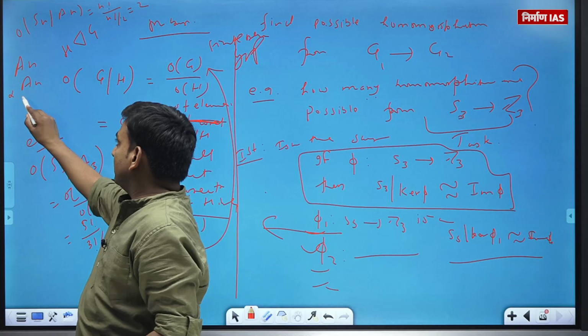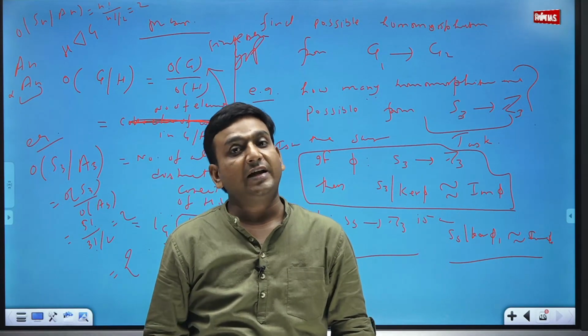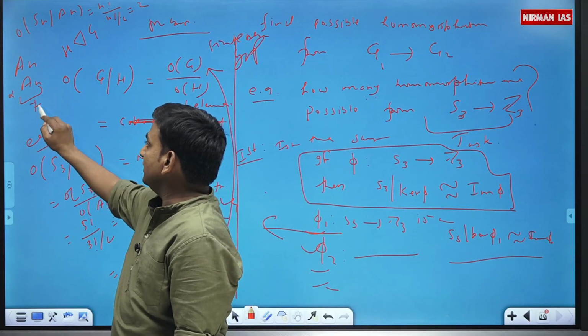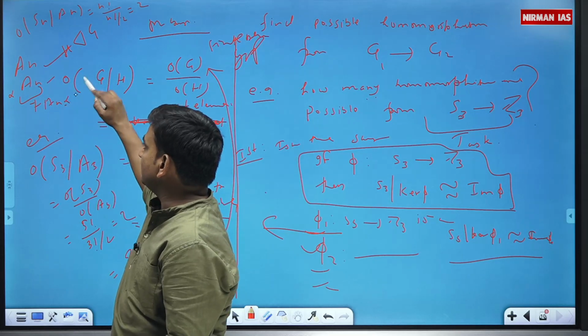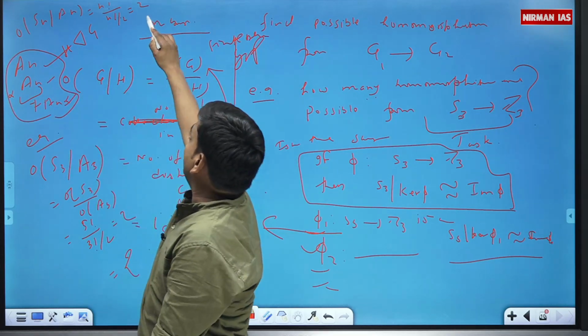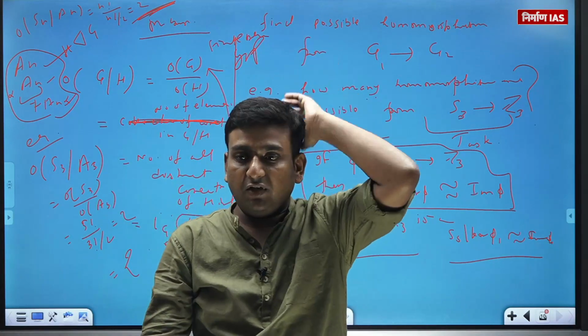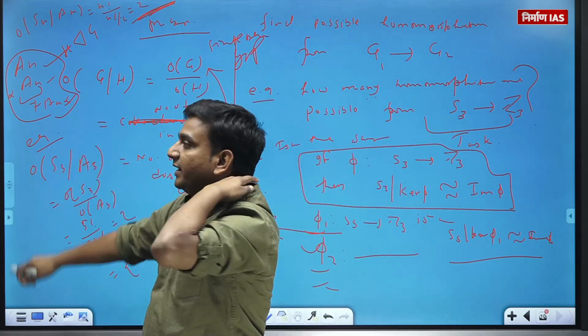That means the left coset of An in Sn will be the same as the right coset of An in Sn, because if this doesn't happen, then there will be 3 elements here. But what you have shown is that this has only 2 elements. So one way to show An is normal in Sn is by finding the index.